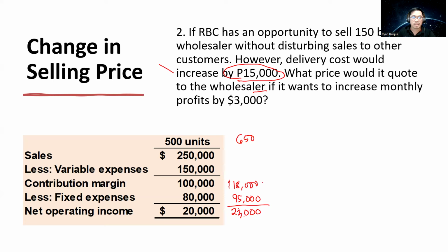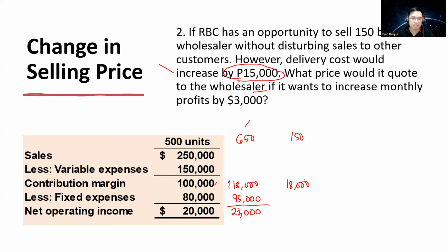Now, remember that this is for 650 units. Therefore, if you will not disturb the 500 units sold to other customers, you have to take out the contribution margin pertaining only to the 150 units. If we remove the 100,000, the CM for the 150 units would be $18,000.